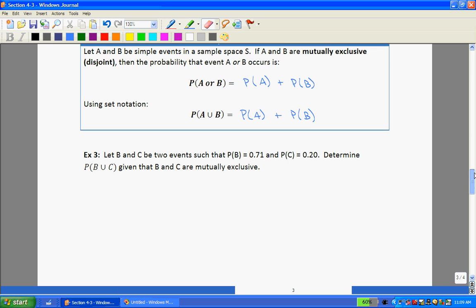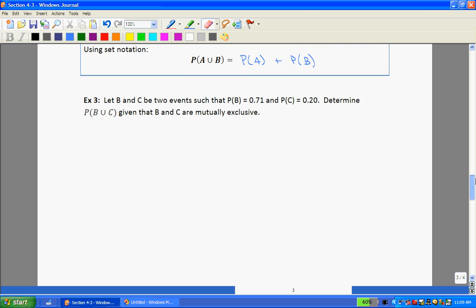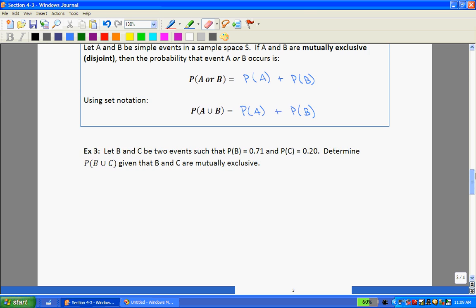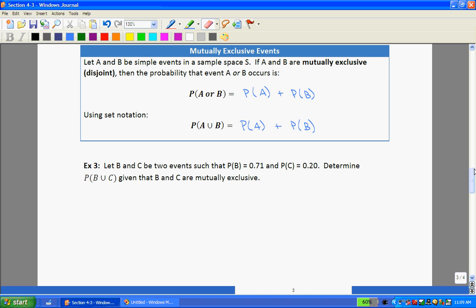Let's try out one more here, example 3, and we'll keep the formula in view. Let B and C be two events such that the probability of B is equal to 0.71 and the probability of C is equal to 0.2. Determine the probability of B union C given that B and C are mutually exclusive. So having this piece of information here is really, really important.